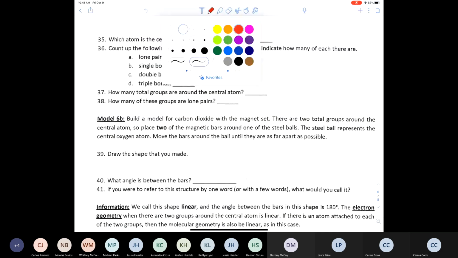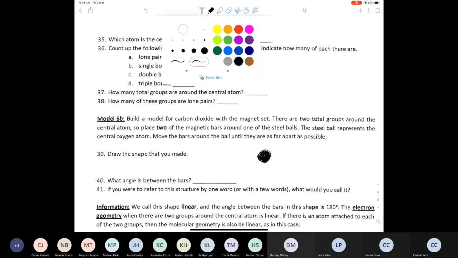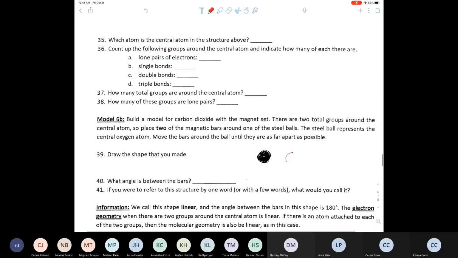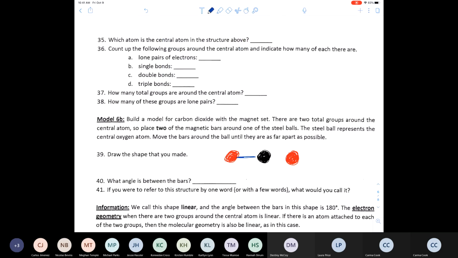And so for your model, this is fine. You have your carbon atom represented, your 2 oxygen atoms, and then a single stick. Or you can draw a really thick stick if you want to represent the double bond.